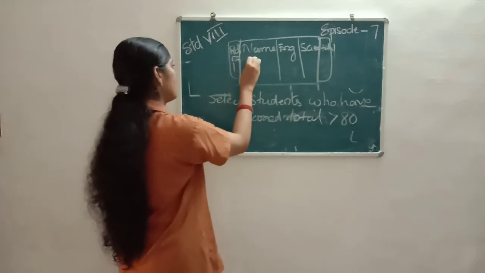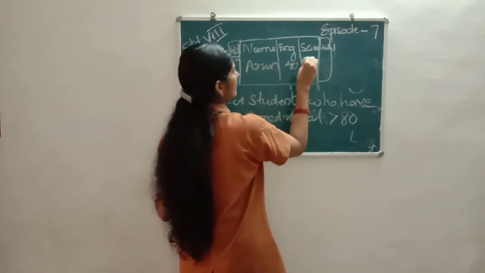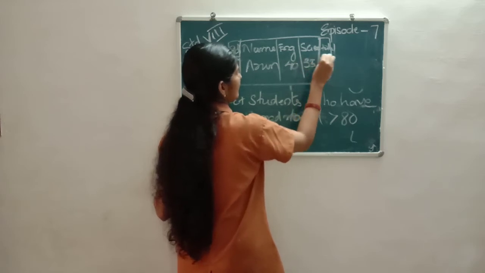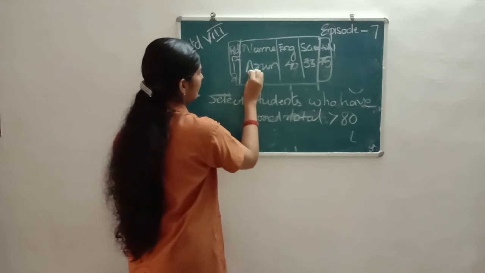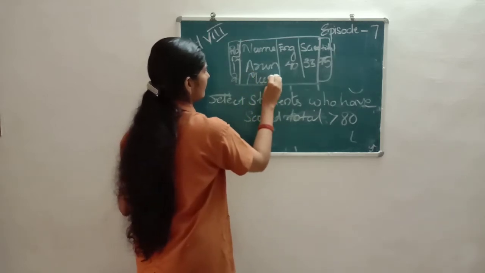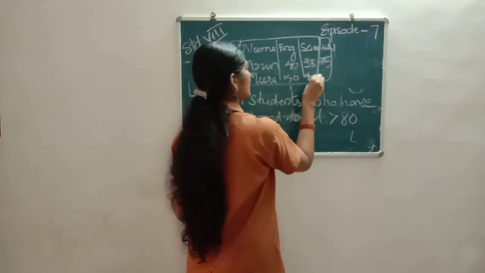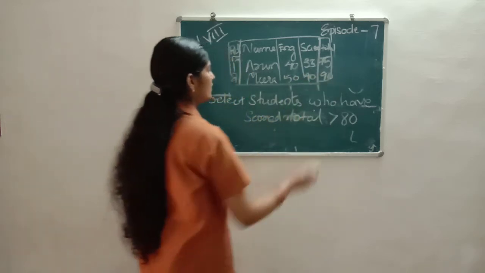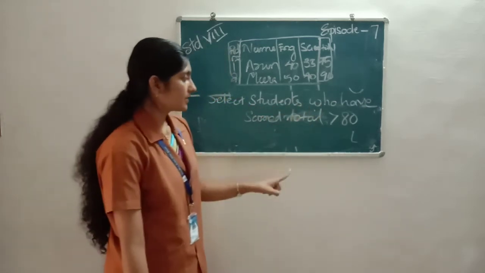So first, Arjun: 40, 35, 75. Then Meera: 50 plus 40, 90. So the question here is: select students who have scored total greater than 80.